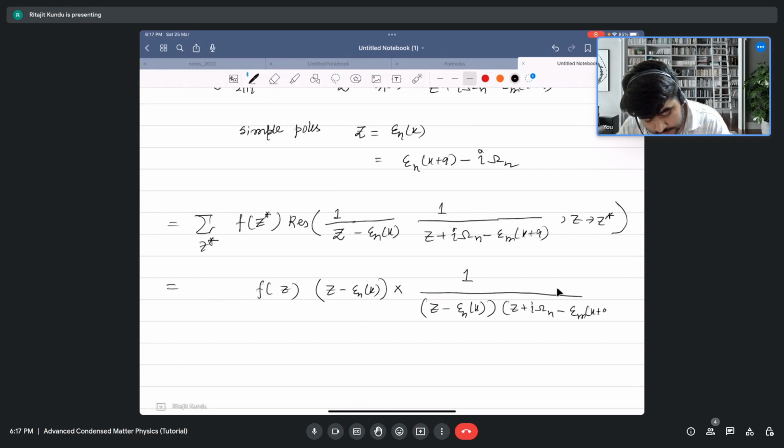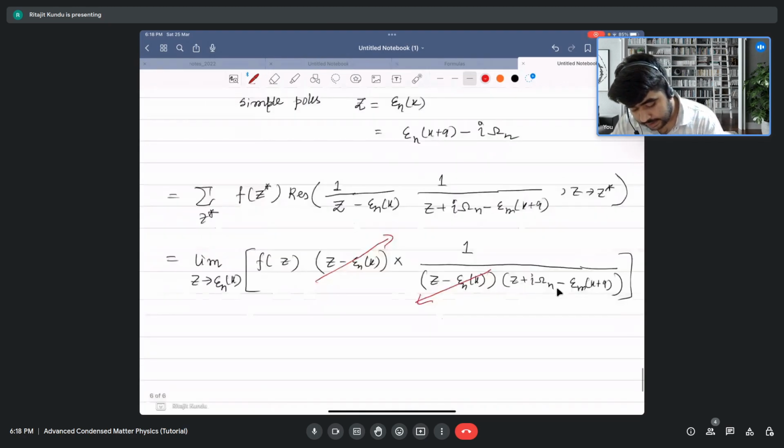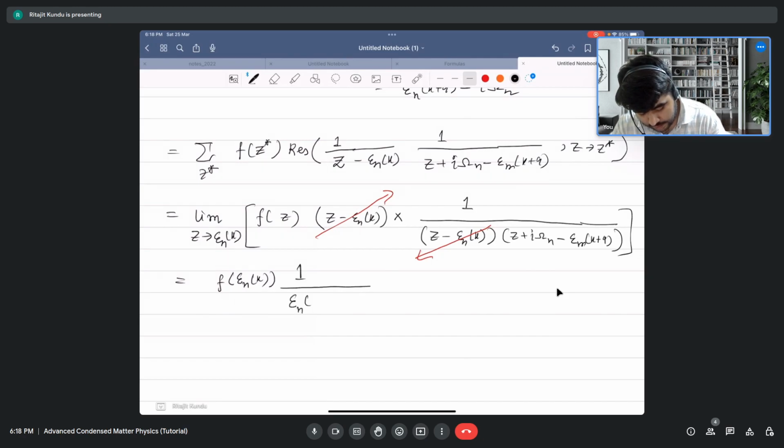After all of this multiplication, we take the limit when z goes to epsilon n of k. First you see that this gets cancelled with this one. Then the limit just boils down to f of epsilon n k times 1 by epsilon n k plus I omega n minus epsilon m k plus q.